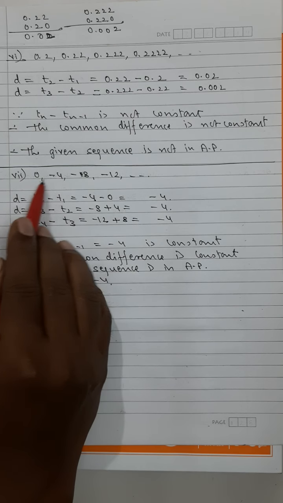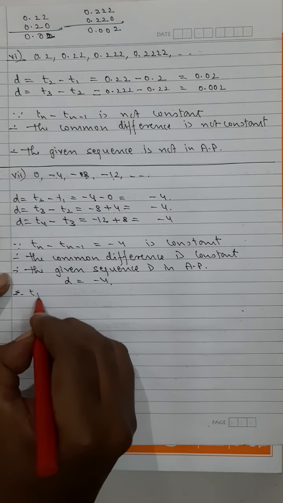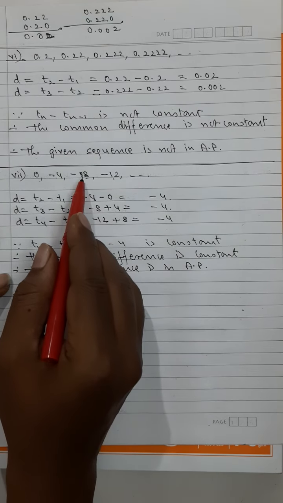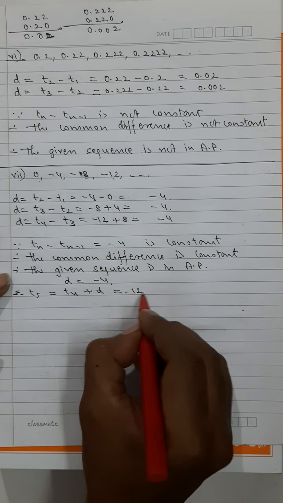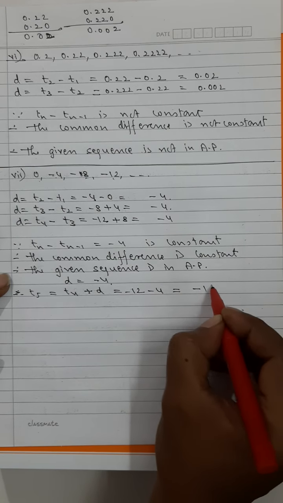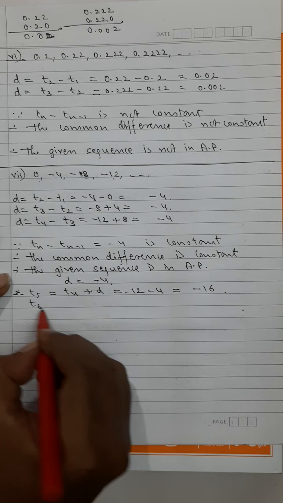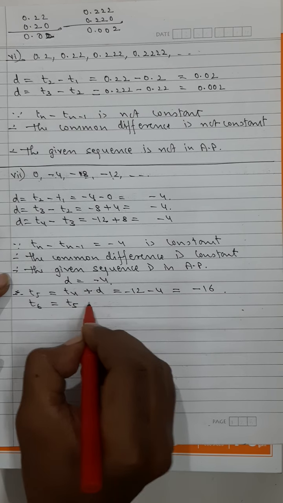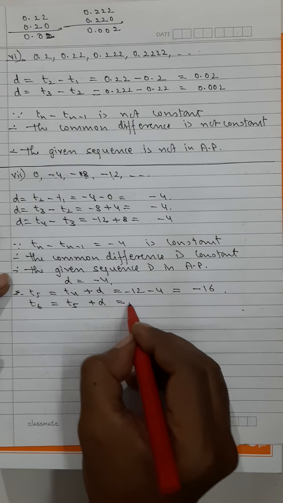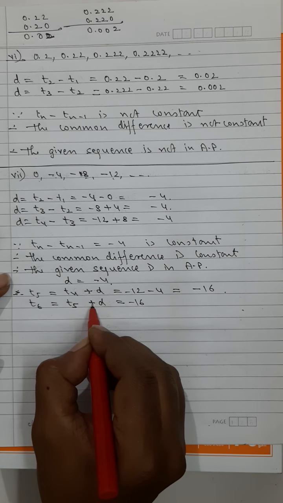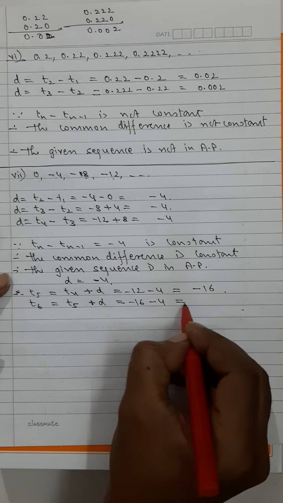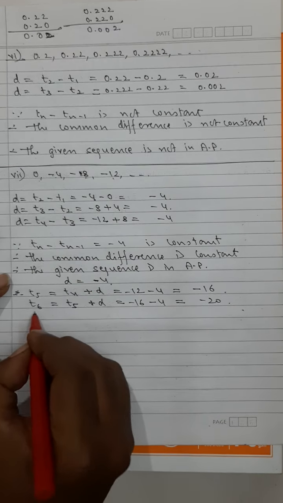Now you will go for the fifth term. T5 is equal to T4 plus D. What is T4? Minus 12, plus minus 4, that will give you minus 16. T6 is equal to T5 plus D. T5 is minus 16 plus minus 4, which will give you minus 20.